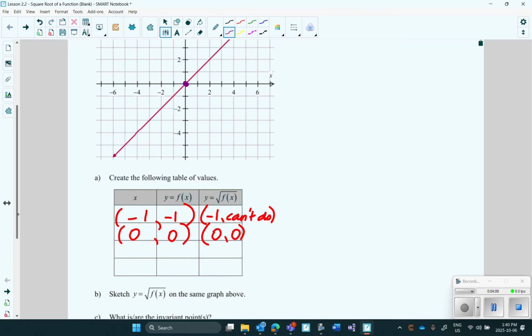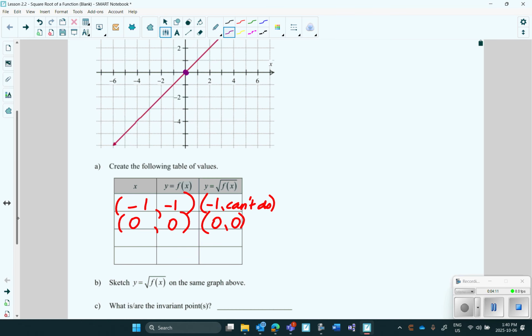Give me another point on this red one where I can easily take the square root of the y coordinate. Okay, I heard 4, 4. Can't do negatives. Can't get the square root of 2 easily. So let's go 1, 1.